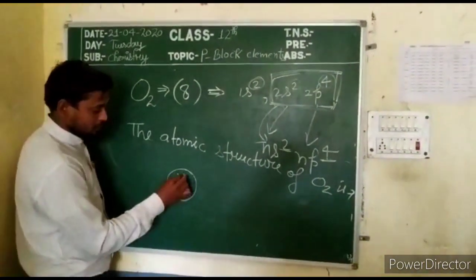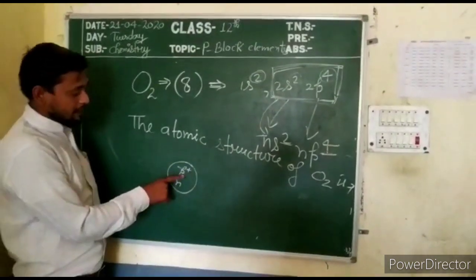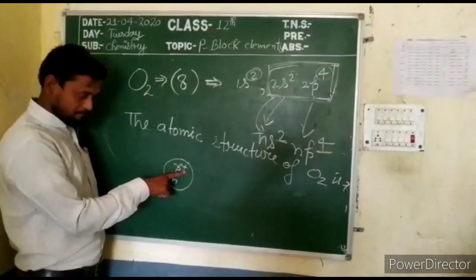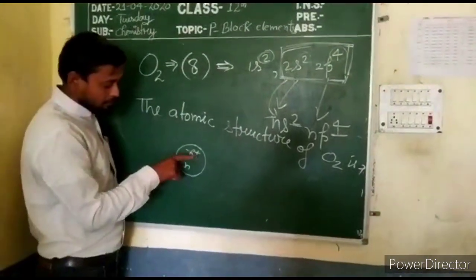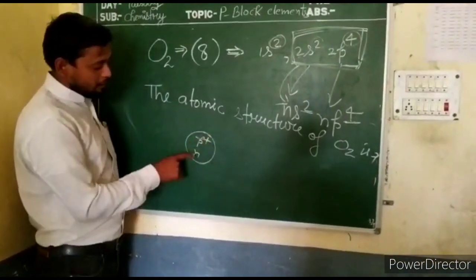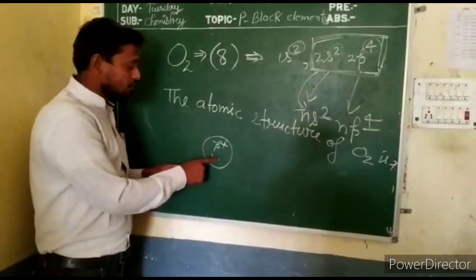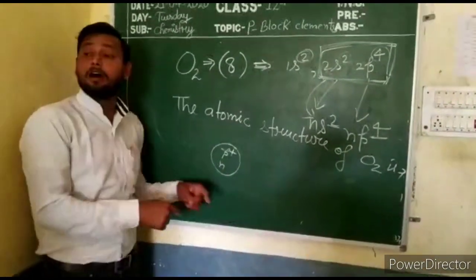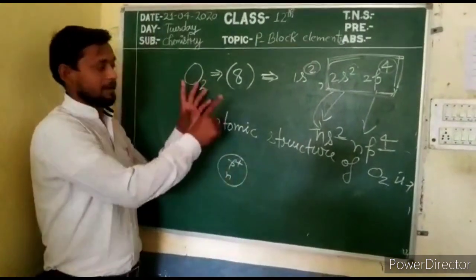Here we put proton and neutron. Proton always has a positive charge, and neutron has no charge. You know that neutron has no charge. It has a neutral property in all the elements.